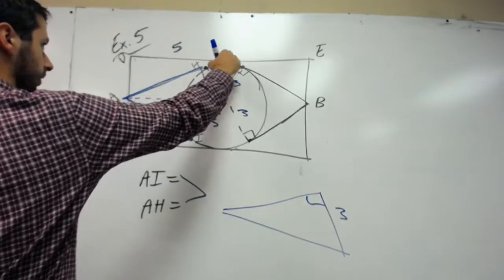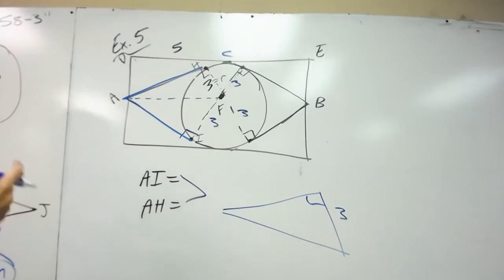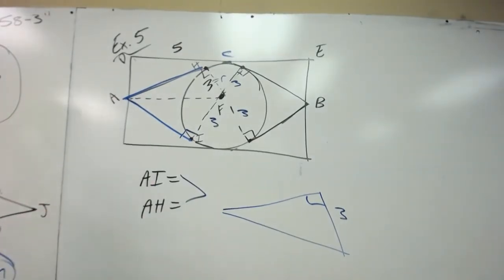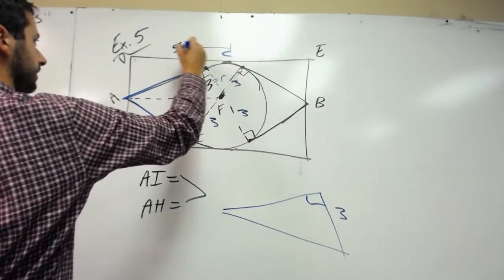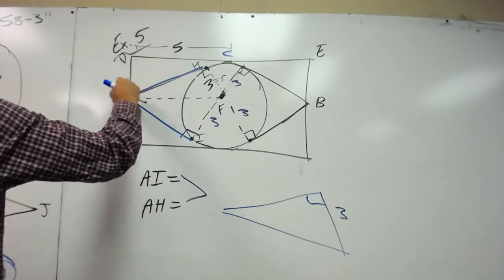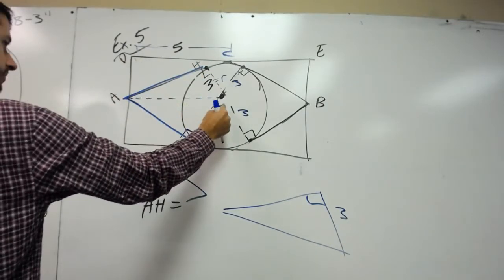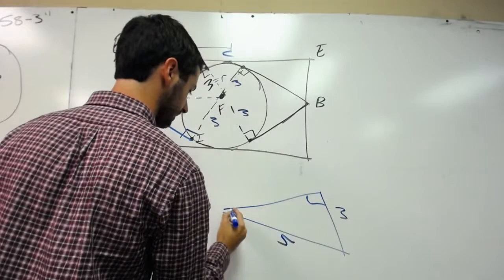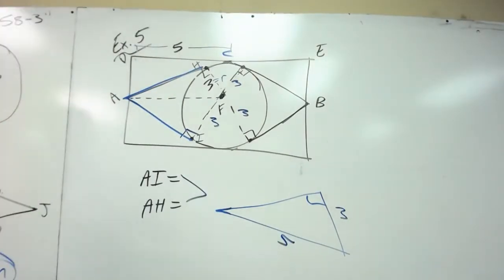You always got to look at what it gives you and figure out the reason that it gave you that information. 5 is the distance from C to D, which is the same distance from F to A. So 5 is the distance of your hypotenuse.